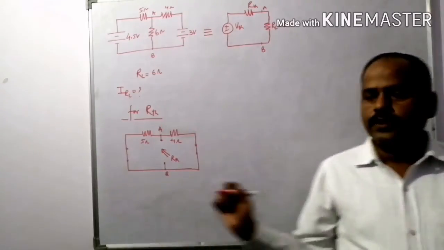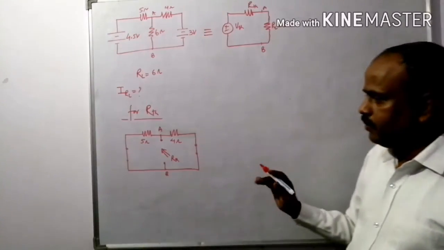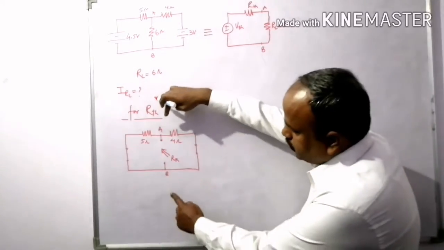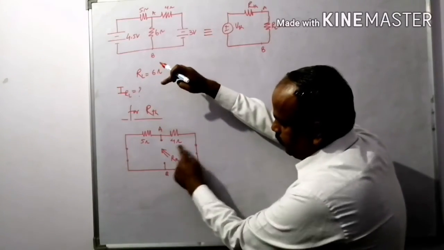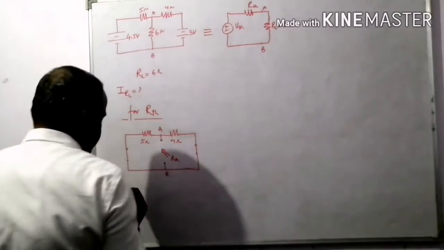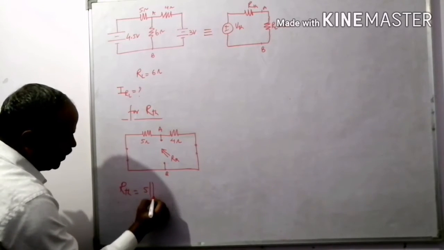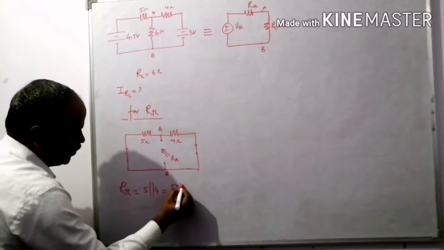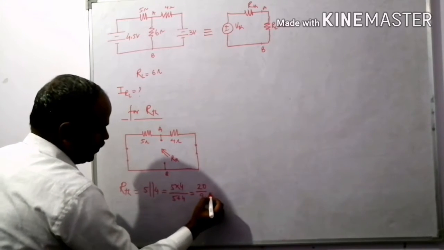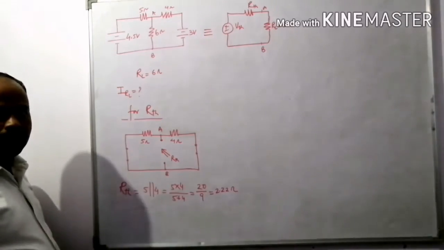So for this particular circuit, this 5 ohm and 4 ohm become parallel to each other, right? Across the points A and B, this 5 and 4 are in parallel. So the value of the RTH is equal to 5 in parallel with 4, that is 5 into 4 divided by 5 plus 4, it becomes 20 divided by 9, that is 2.22 ohm, right?